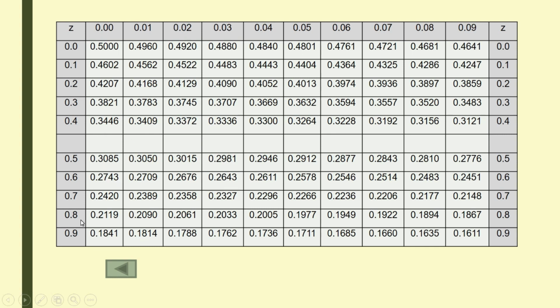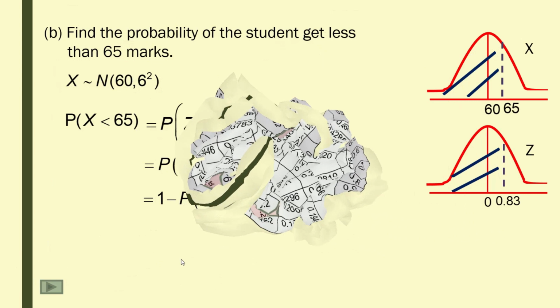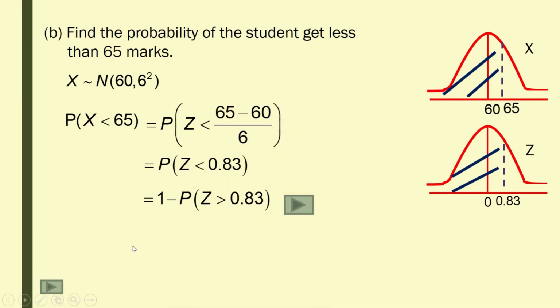We look at the first column, the value is 0.8 and the other top is 0.03, so the corresponding area is 0.2033. So we get 1 − 0.2033, so the answer is 0.7967.